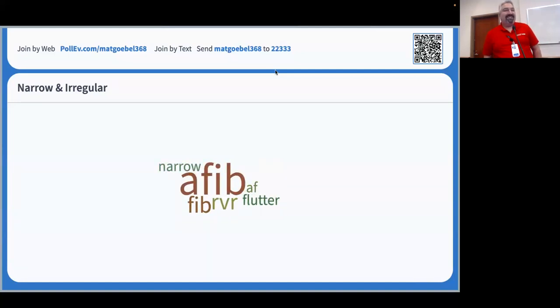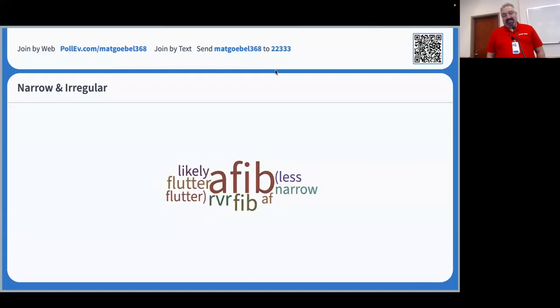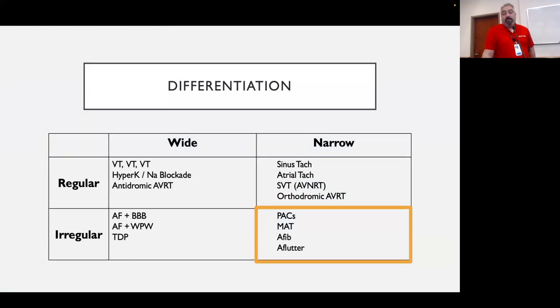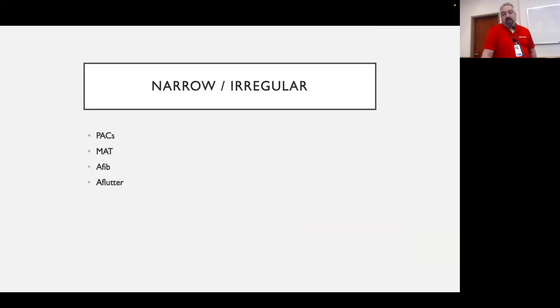Flutter. Good. So we're getting fib, we're getting flutter. So narrow and irregular: PACs, multifocal atrial tachycardia, AFib, and flutter are going to be your prime suspects.